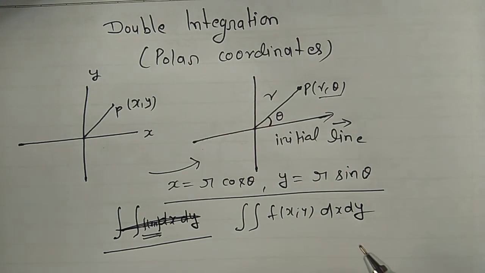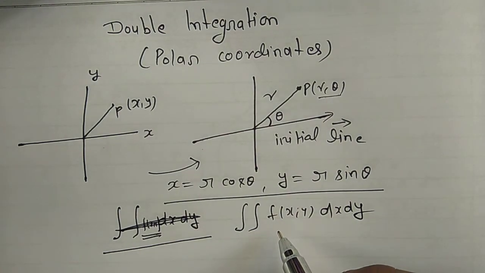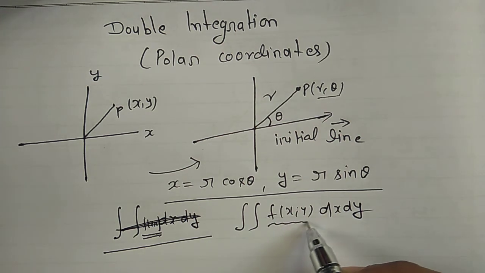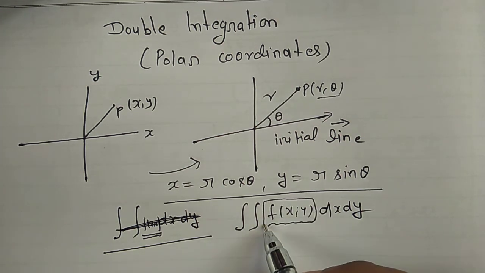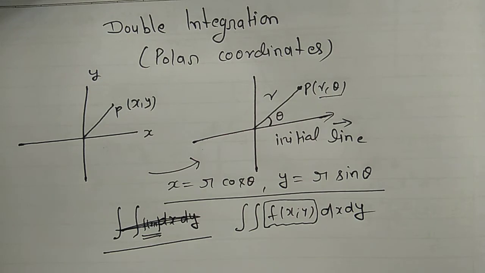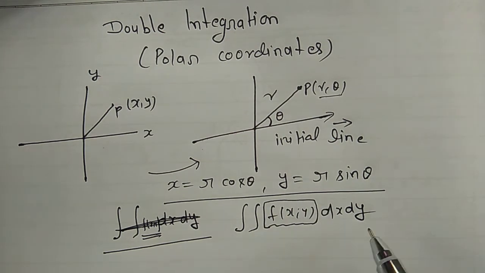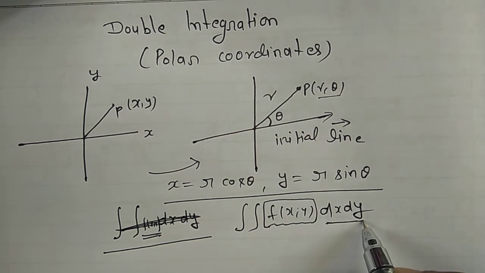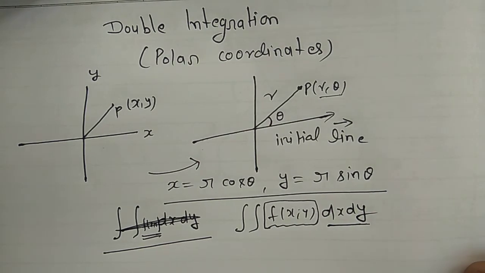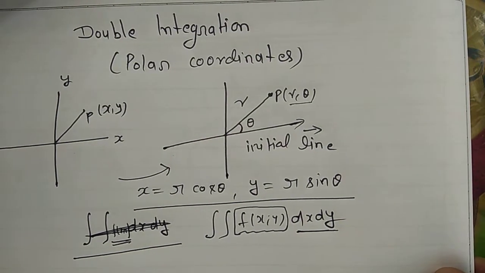First step, we change this function into r, theta using this transformation. In the place of x we put r cos theta, in the place of y we put r sin theta. So this function will be in terms of r and theta, and for this we change dx dy in terms of dr d theta.